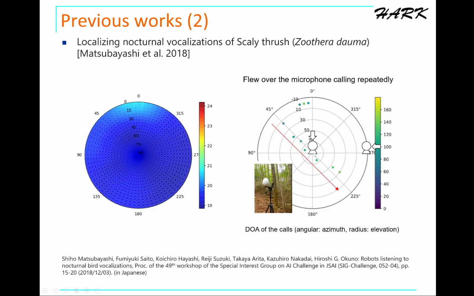So this center corresponds to sound coming from the top, and this outside area corresponds to sound coming from the horizontal direction. Anyway, what we can see is that at night, this species flew over the microphone array, calling repeatedly. This kind of behavior cannot be observed visually at all. So this is quite interesting.